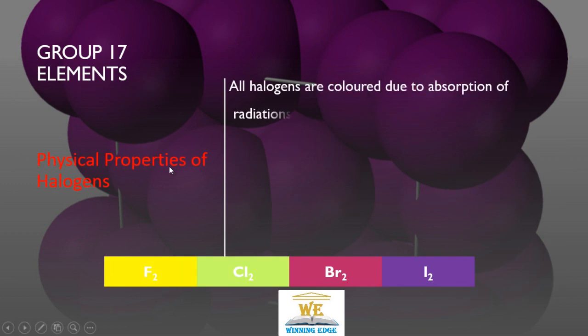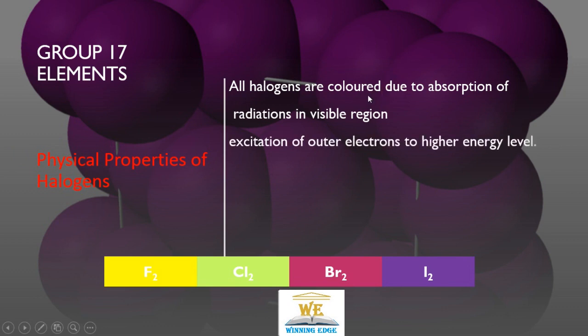Now, physical properties of halogens. All halogens are colored due to absorption of the visible part of radiation. This visible radiation excites outer electrons to a higher energy level.